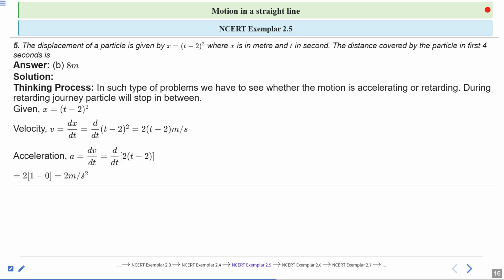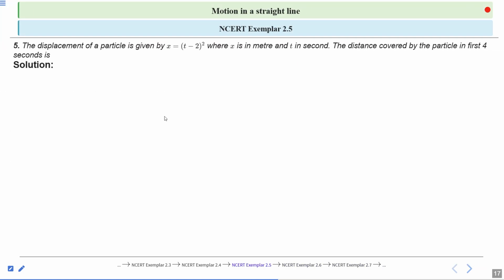But this question says that we have to find the distance covered by the particle in the first 4 seconds. We know velocity and acceleration. When t = 0 seconds, velocity will be −4 meter per second.